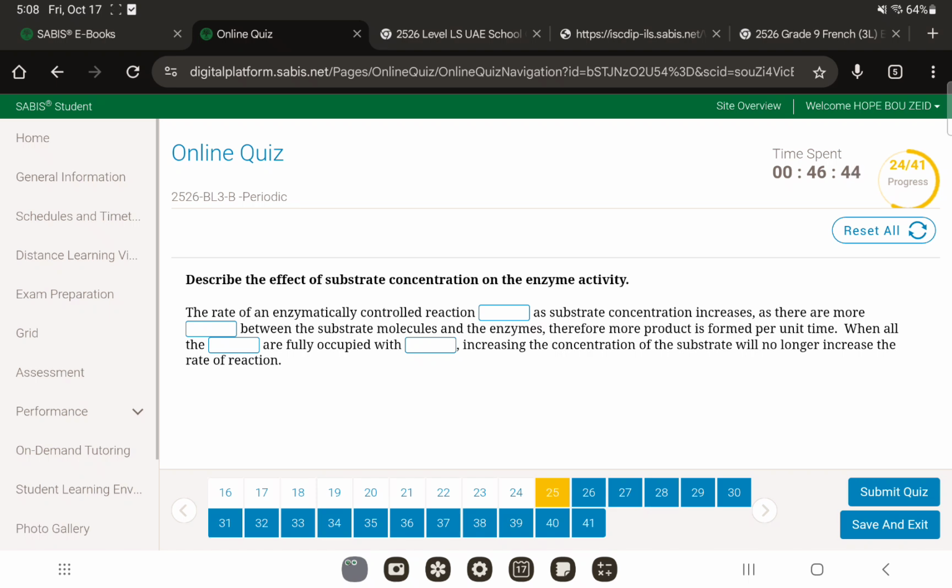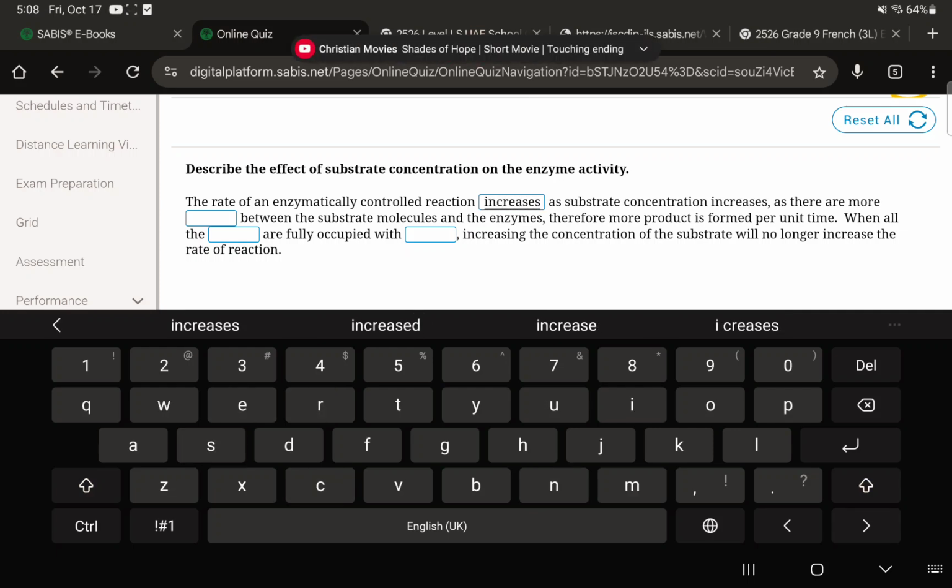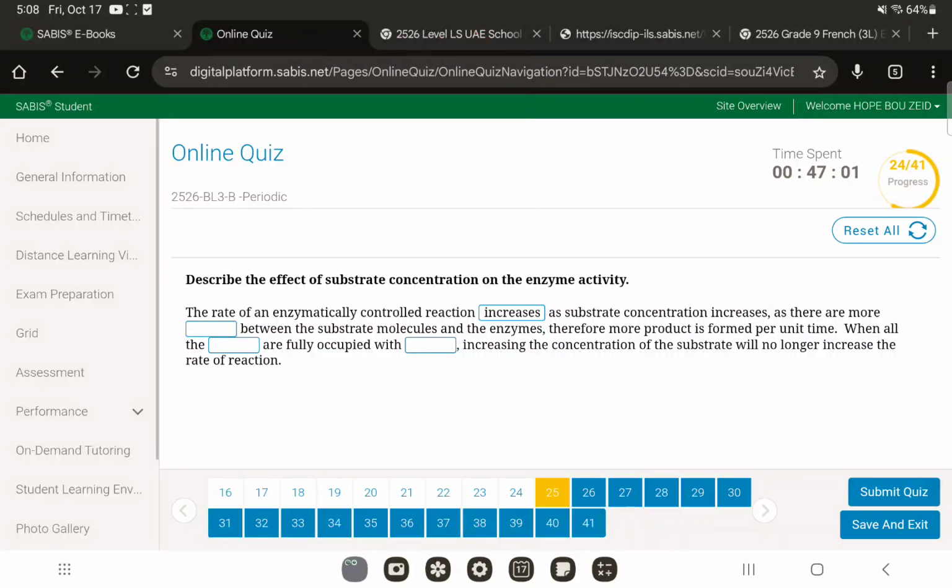Anyway, the rate of an enzymatically controlled reaction blank as substrate concentration increases. I would say increases. Like I said before, this question and the one right after it do give a really good summary of the whole concentration thing.